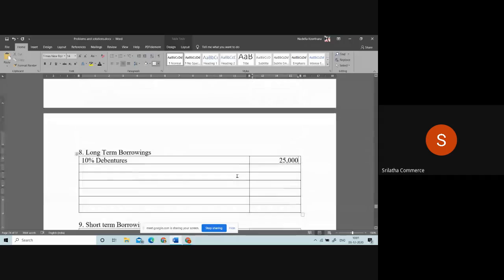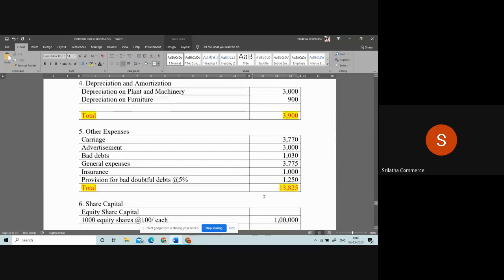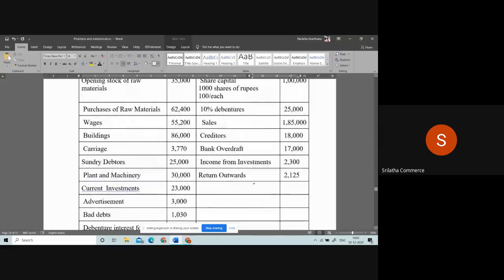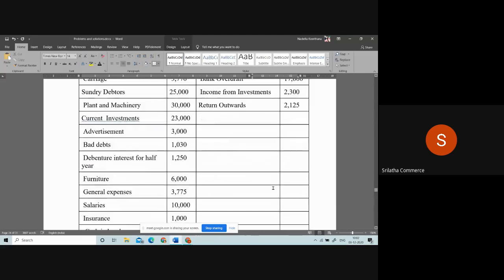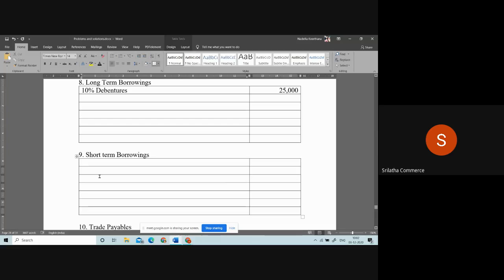So trade payables, that is sundry creditors, 18,000, am I correct? Then next is bank overdraft, 17,000, which comes under short-term borrowings. Short-term borrowings, bank overdraft. How much had you been given? 17,000, no? Yes, ma'am.